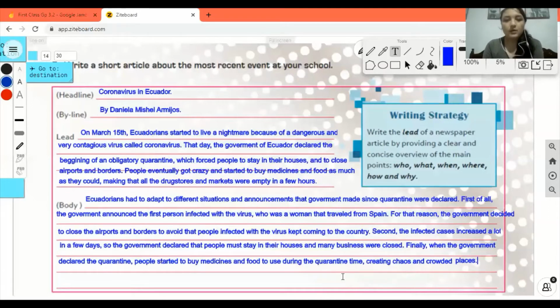And if you don't have any doubt, you can write your own examples.